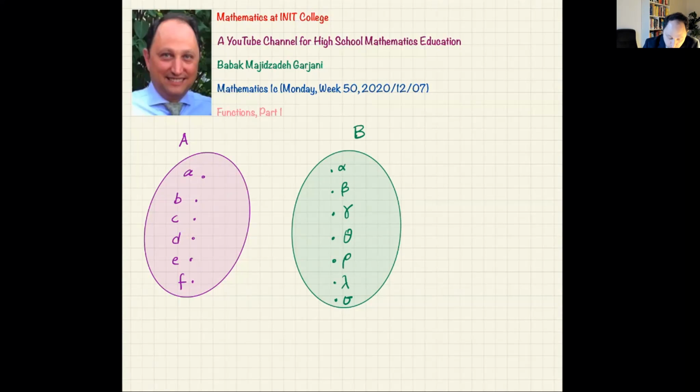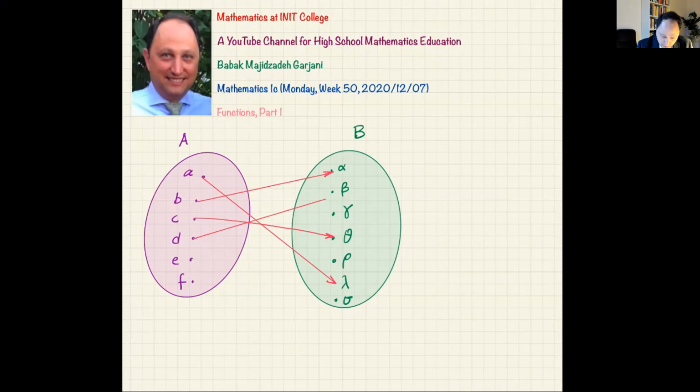So let me choose this one. For example, assume that I decide to associate lambda to A, to assign lambda to A. So for example, this one, and then we decide to associate alpha to A. And then, for example, I associate this one to this. And then I can do, for example, this one.